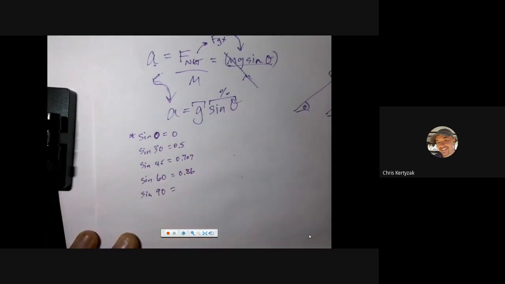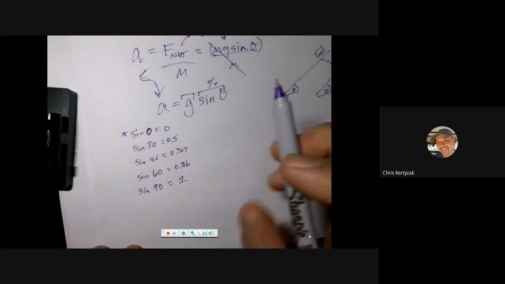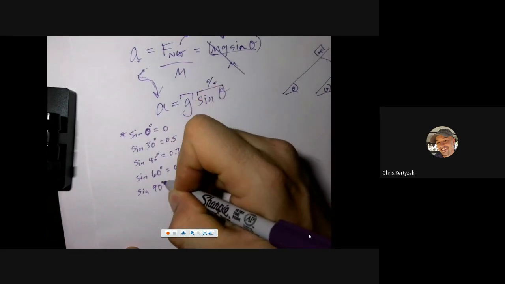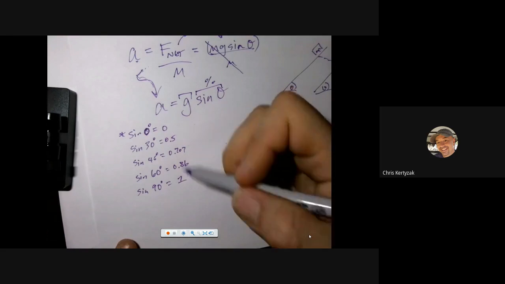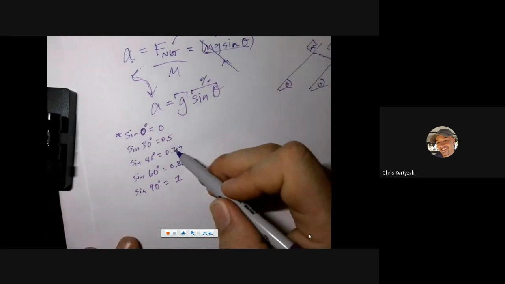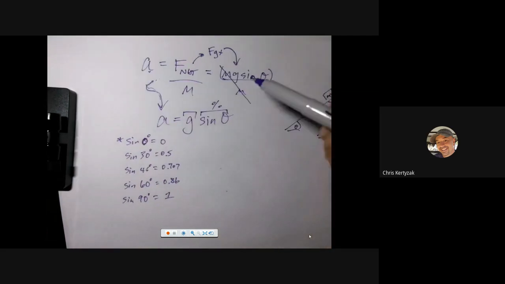Sine of 90? 1. That's why we can think of a sine function where the angle varies from 0 degrees up to 90 degrees as a decimal between 0 and 1, and therefore, why not think of it as a percentage? 50%, 71%, 86%.